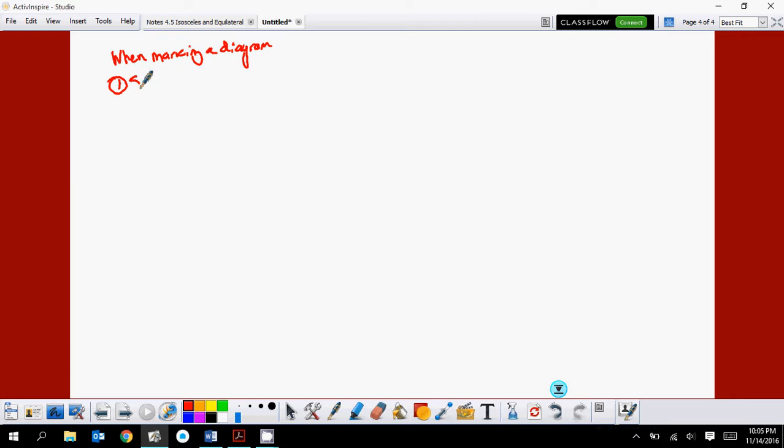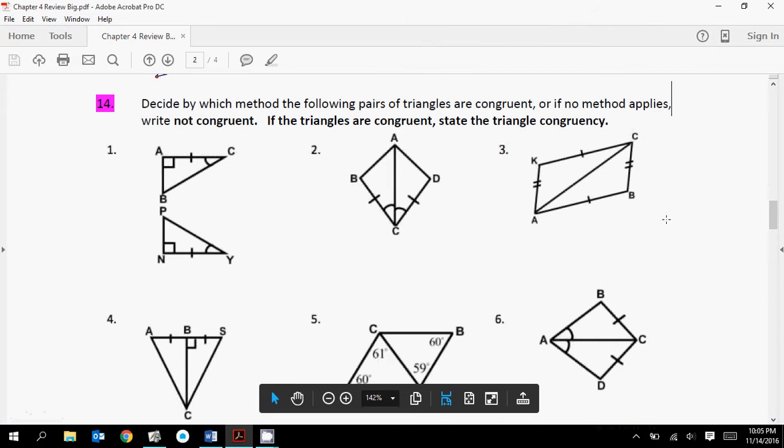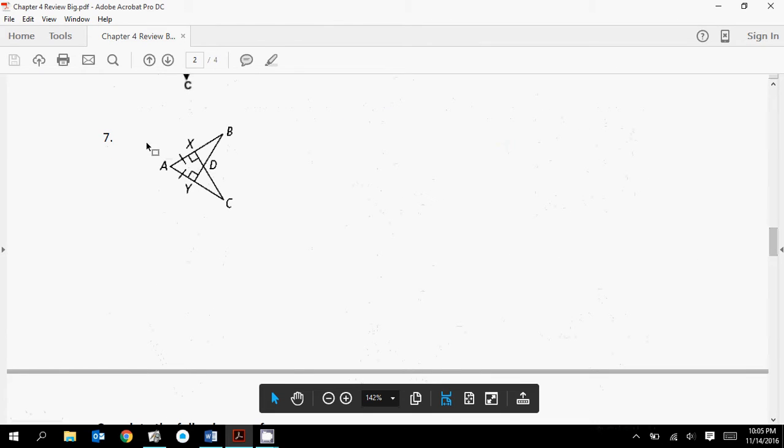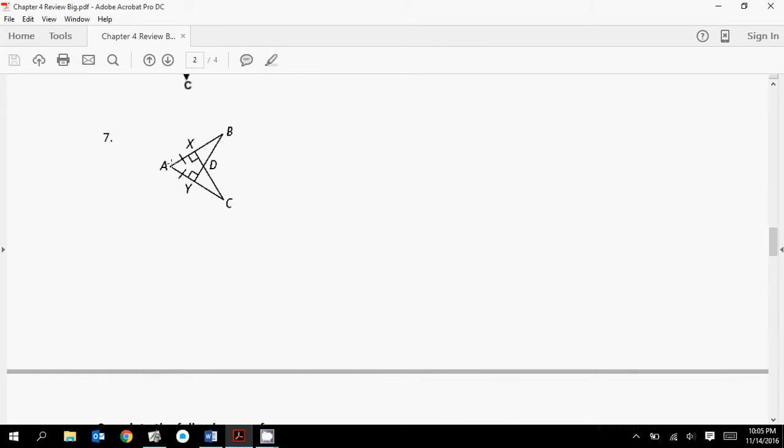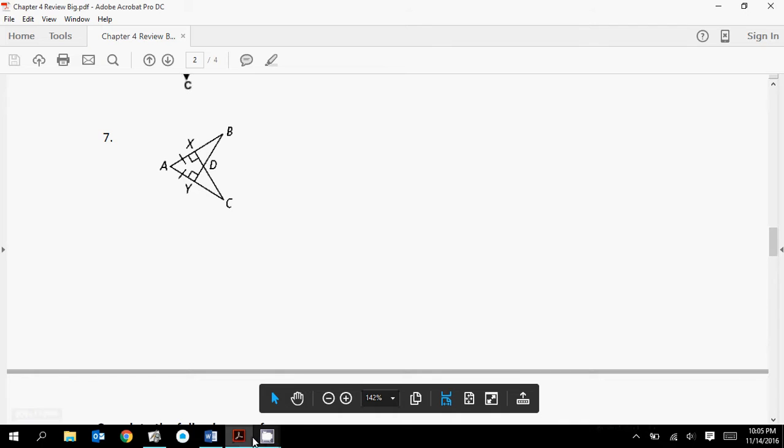The first one is a shared side, or in the case of number 7 here, where they overlap, you notice that the angle at A is going to be shared between this top triangle ABY and the bottom triangle AXC.